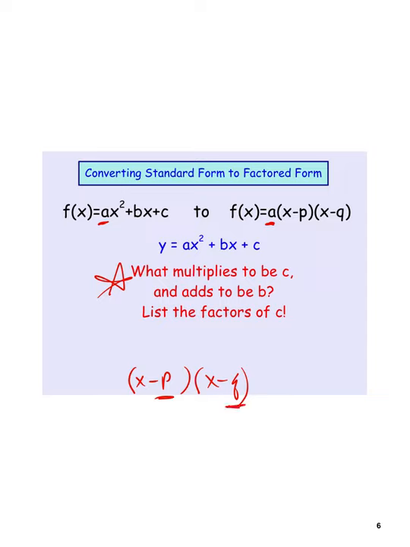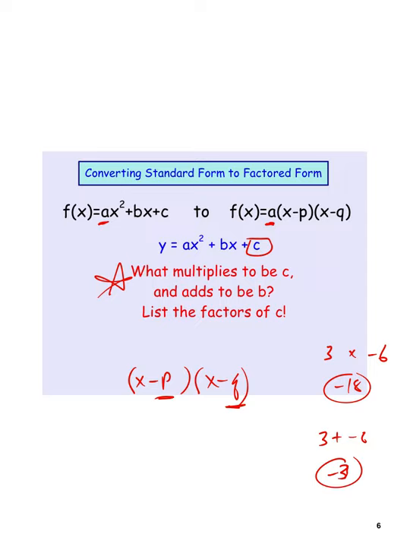So these last two terms will multiply to be that c value, and then they add to be that b value. So for instance, if you take the values 3 and -6, they multiply to be -18, and they add to be -3. So that would mean that B term would be the -3 there, and the C term would be the -18. So we'll look at that through this process.